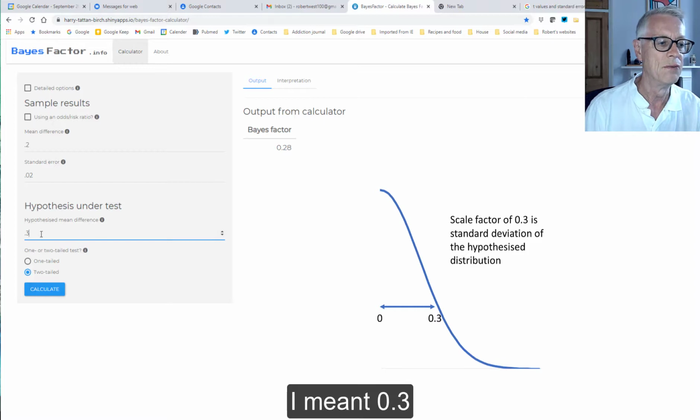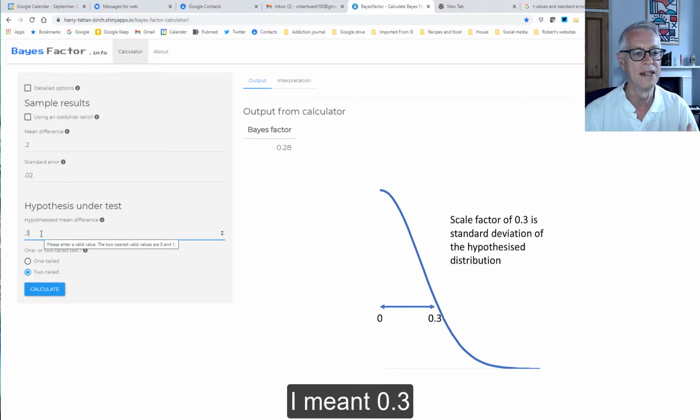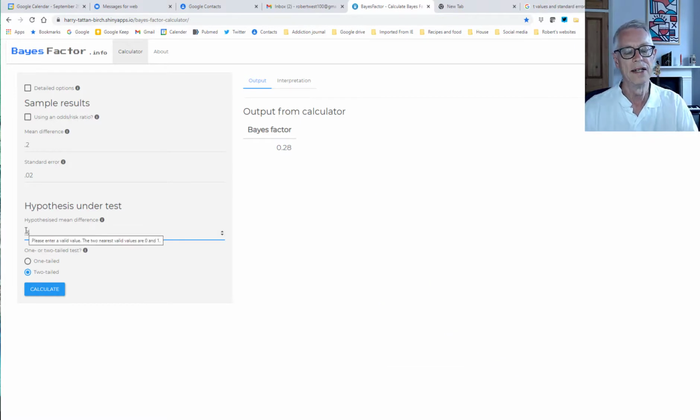So if you say this is what I think the mean difference is going to be, about 0.3, then you can just put it in here, and it's not saying it'll be exactly that, it's saying it will be in a distribution that has that standard deviation.